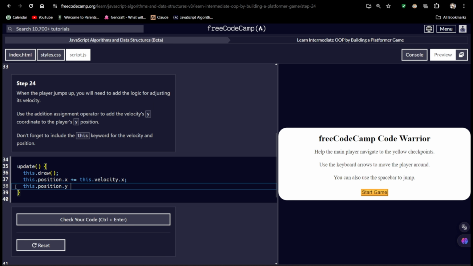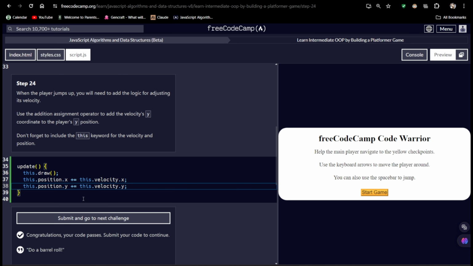And we have to add the velocity y, using the assignment operator, and also refer to that velocity object with the keyword this and velocity, and we are trying to access y, so we input y in here. So essentially we are trying to add the velocity y to the position y of the player. So that would be it. Nice.